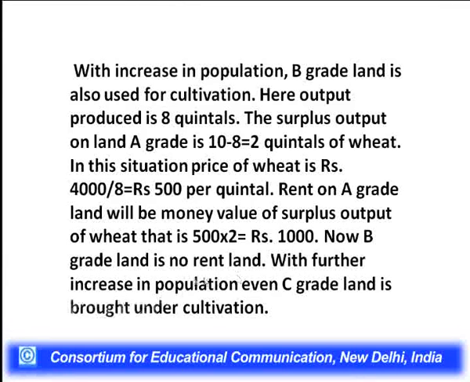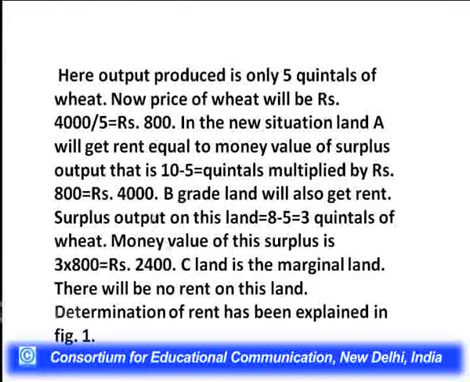Now with further increase in population, even C grade land is brought under cultivation. Here output produced is only 5 quintals of wheat. Now the price of wheat will be rupees 4,000 divided by 5, which is rupees 800.